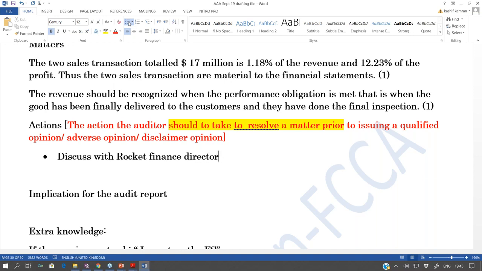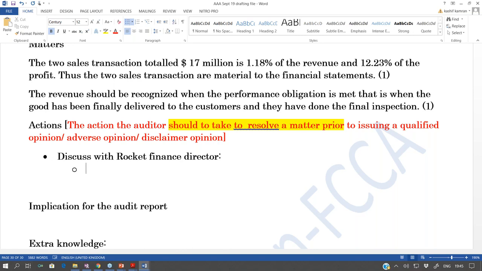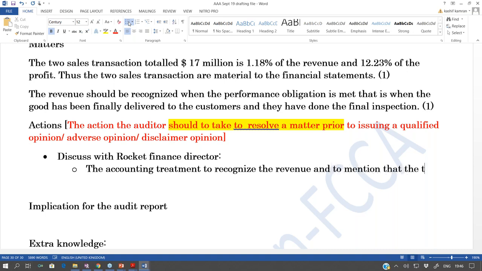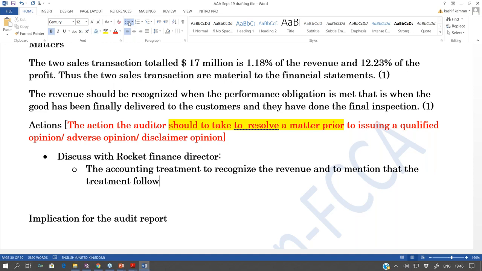Number one, discuss with Rocket's finance director the accounting treatment to recognize the revenue, and to mention that the treatment followed by the company is incorrect.